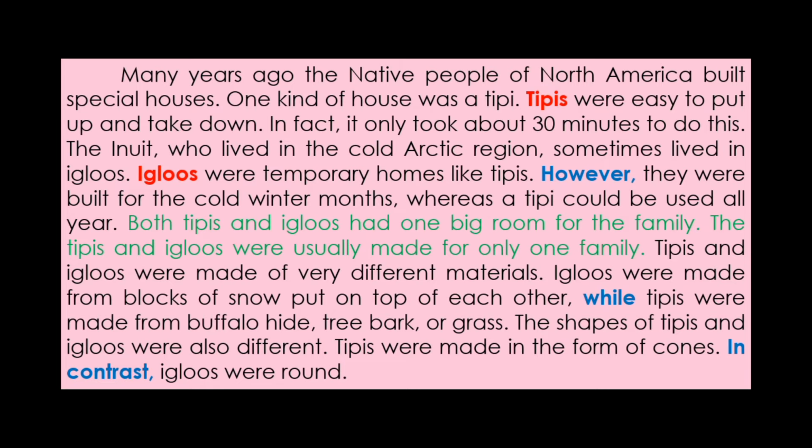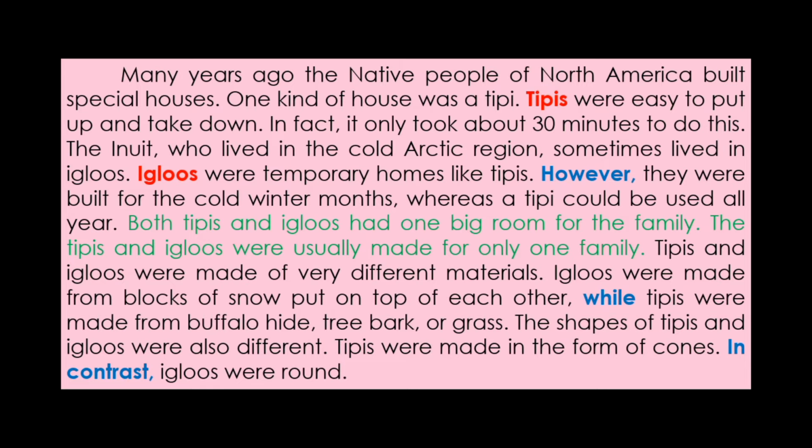Okay, so what are the similarities of teepees and igloos? The similarities could be both teepees and igloos had one big room for the family, and the teepees and igloos were usually made for only one family. Okay? So what are their differences?